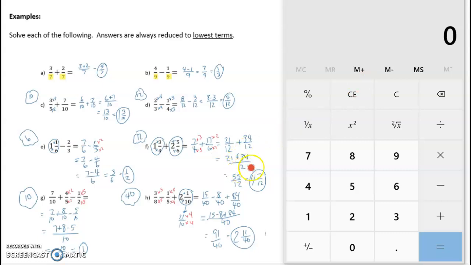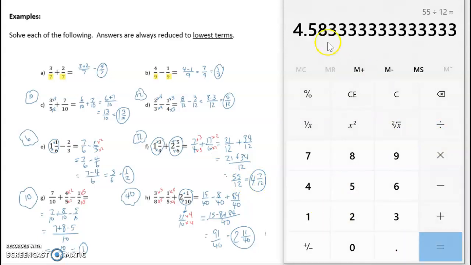So now we want to figure out how many times 12 goes into 55. So we can do 55 divided by 12, and it'll tell us how many times it goes in. So it goes in 4 times with decimal 5833333 left over. Okay, so we know it goes in 4 whole times.